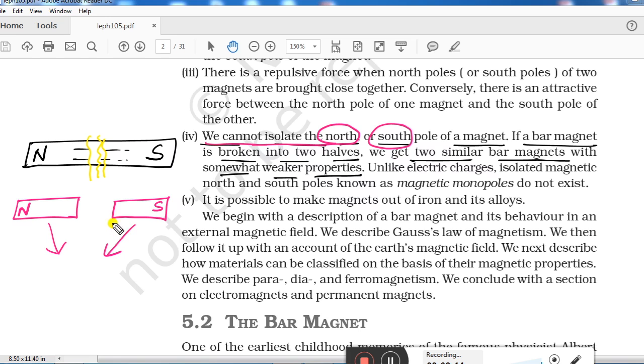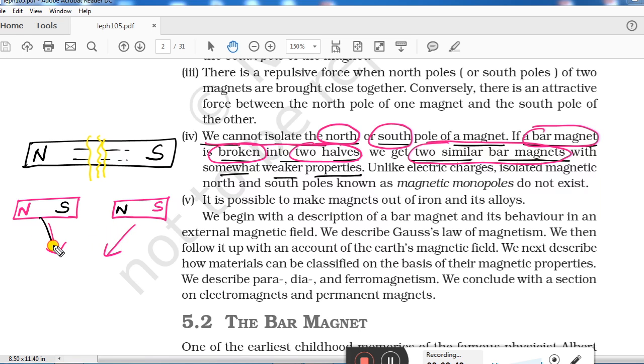If you break a bar magnet into two halves like we did here, then we get two similar bar magnets again. How is it possible? If you had north here, then south will generate here. If you had south at this end, then at this end a north pole will generate.